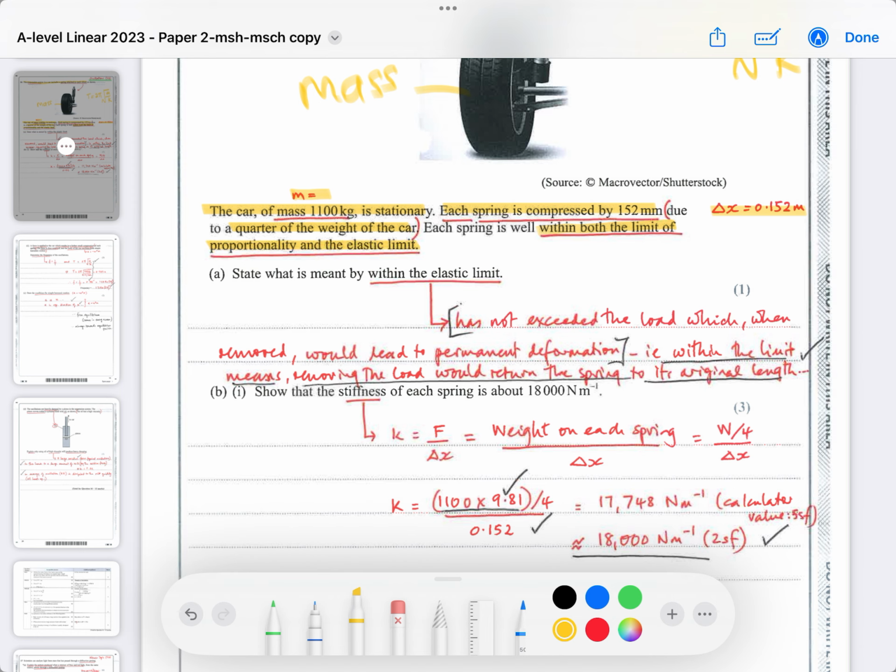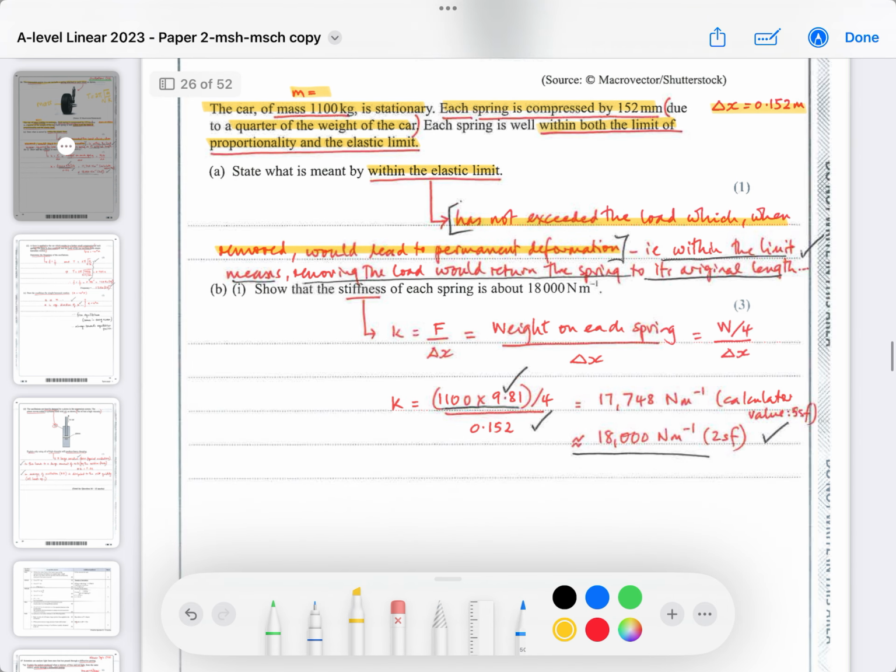Okay, so they're just giving you that as extra information, and they just want you to give the standard definition of what it means to be within the elastic limit. Okay, that means in everyday speak, it has not exceeded the load which, when removed, would lead to permanent deformation. So there will be no permanent deformation at the extension or the compression that we're talking about.